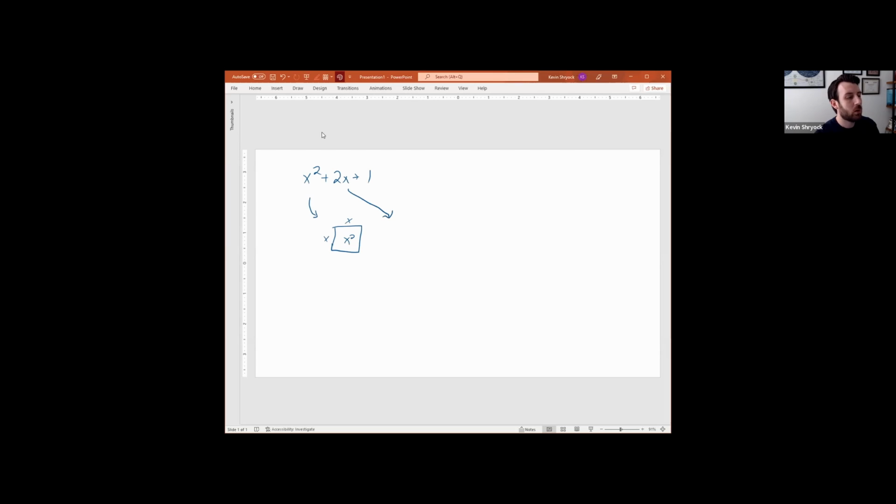It's 2 of these rods that are 1 by x's. And it's 1 single unit block, right? That's like the visual representation of the numbers.